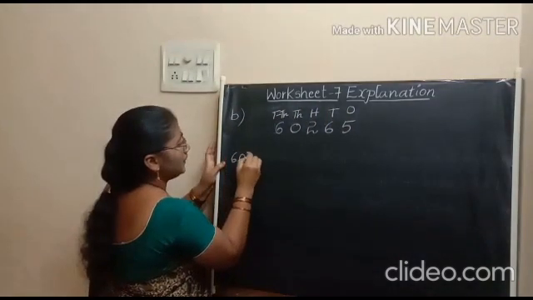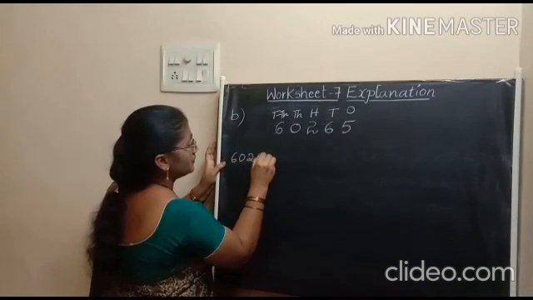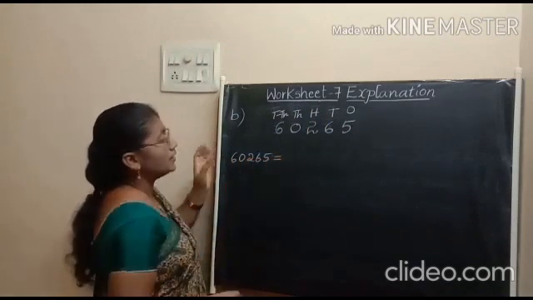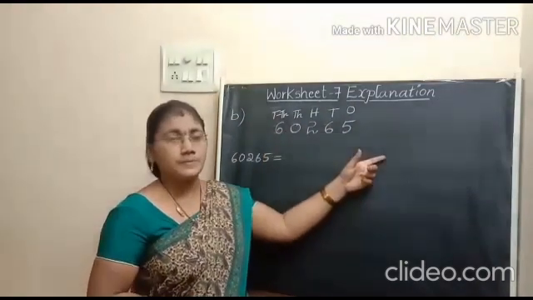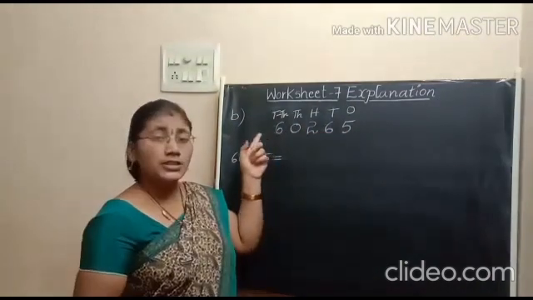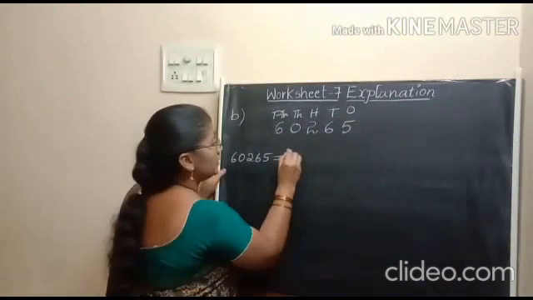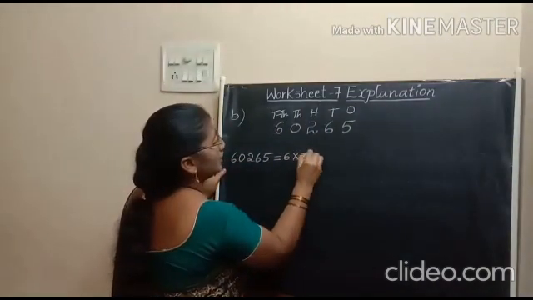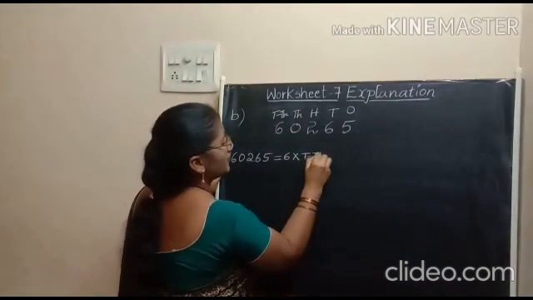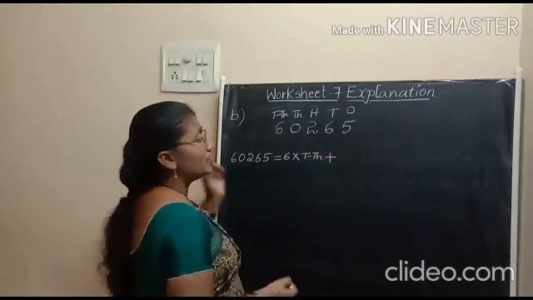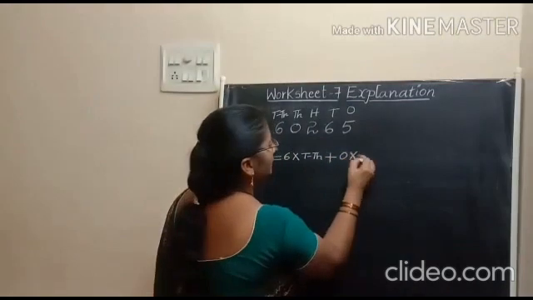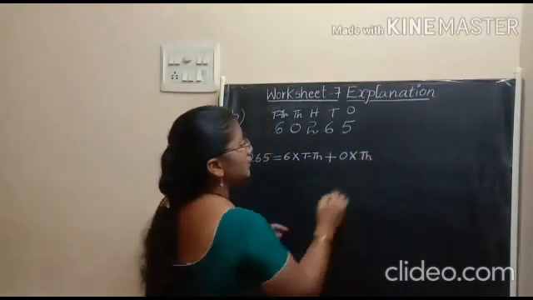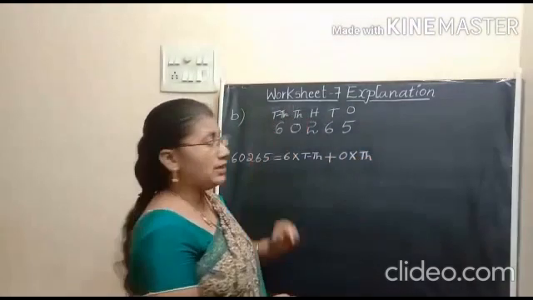First write the number. Actually, we have to take place values of these digits. Now, the place value of 6 is 6 into 10,000, TTH, plus place value of 0. 0 into 1000 because 0 is in thousands place.